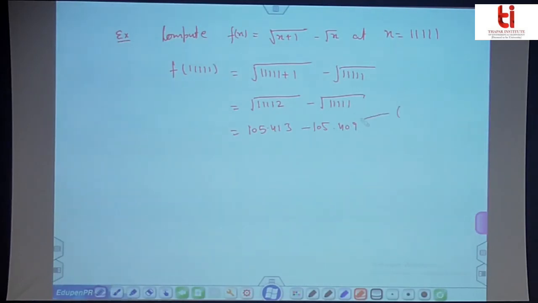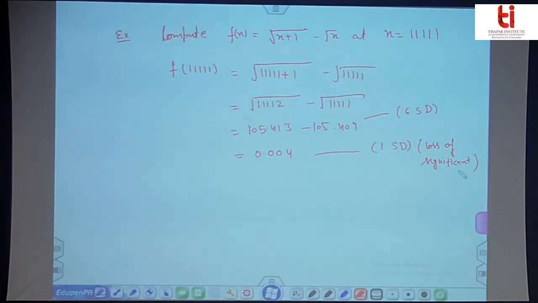There are 1, 2, 3, 4, 5, 6 significant digits in each number. What we are getting here when subtracting is 0.004. Here it is only one significant digit. Here we are getting loss of significant digits, so we may get a highly erroneous result.